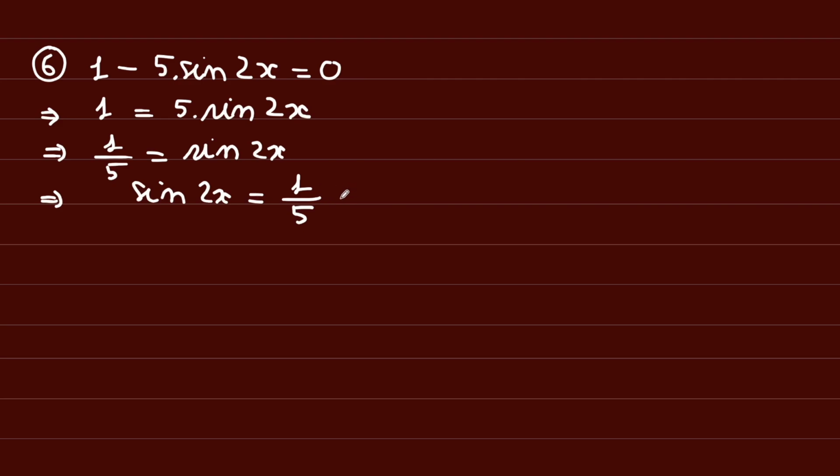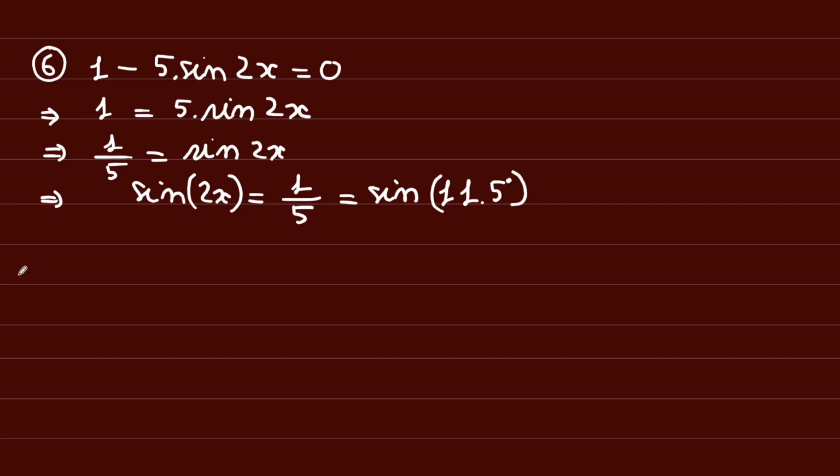Yes, and 1 over 5 has to become an angle. Shift sine 1 divided by 5, you get the original angle here, 11.5 degree. Okay, so on the left hand side you got the angle 2x, that is not x anymore.